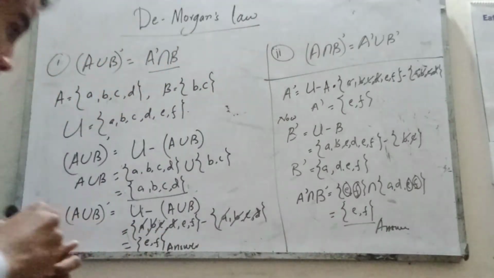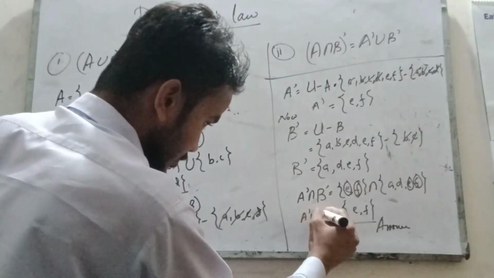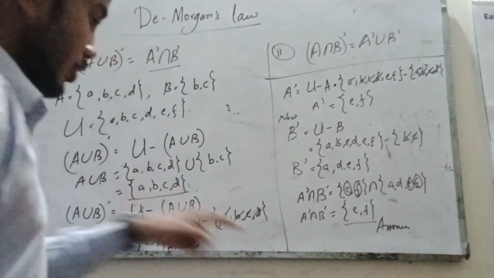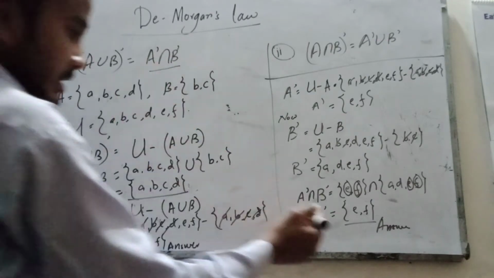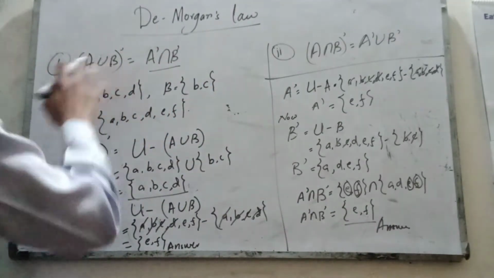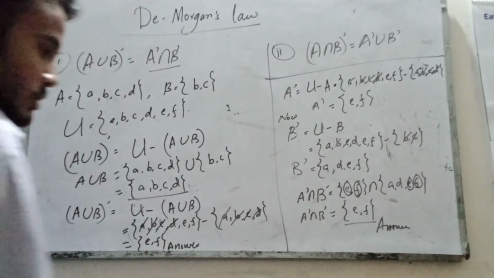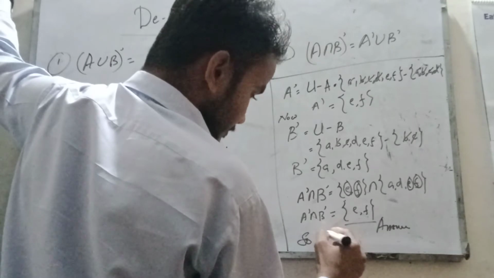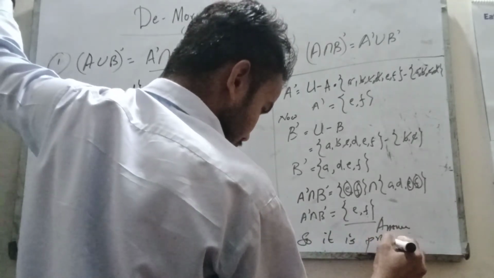So just see, E comma F is the answer of A complement intersection B complement, that was the right side, and (A union B) whole complement, that was the left side, is also E comma F. So we have the same thing. So it is proved.